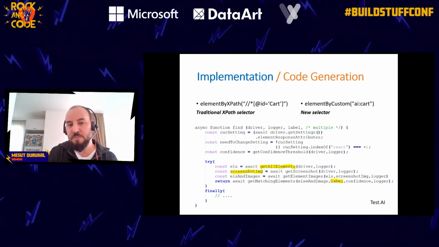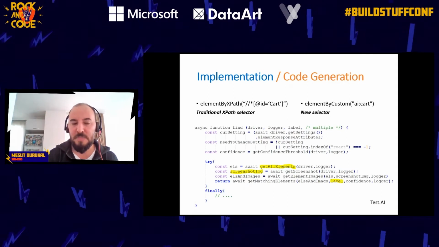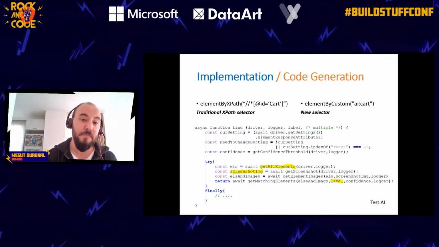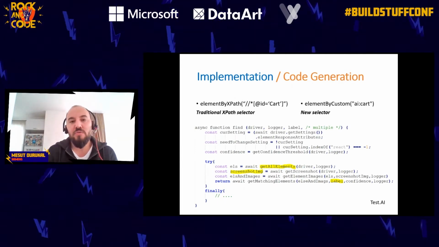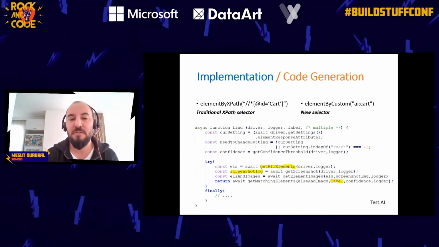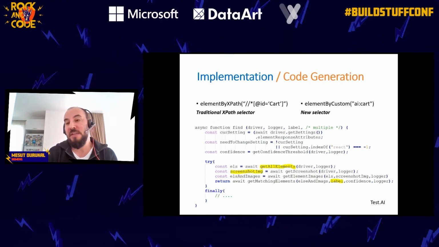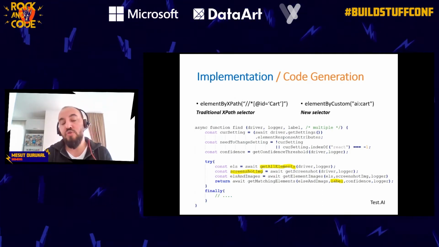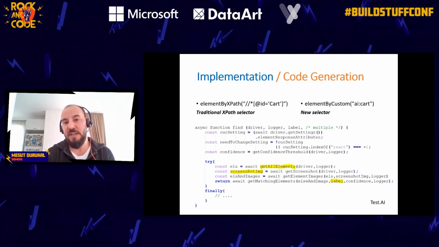But maybe the next day my test is broken. Why? Because the ID of the element has changed. So how can I reach stability? Each day should I maintain and update the IDs of the elements? Obviously, it should not be the case. And what can I do?